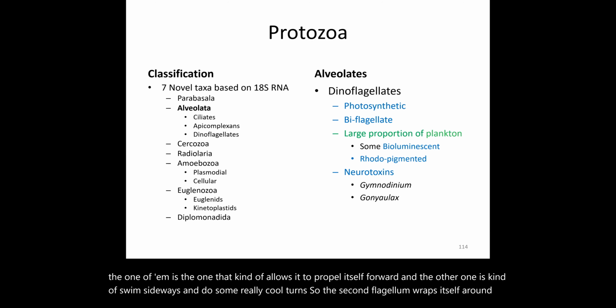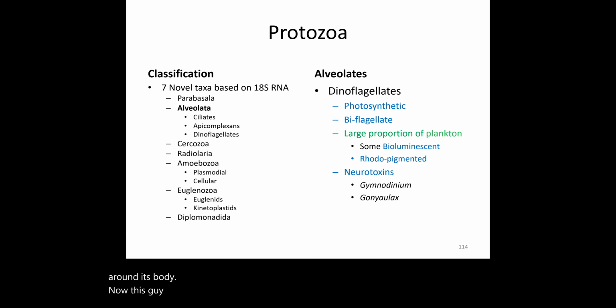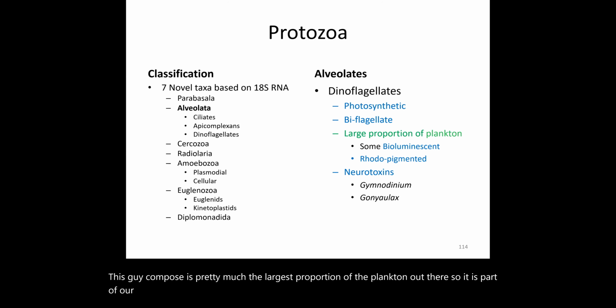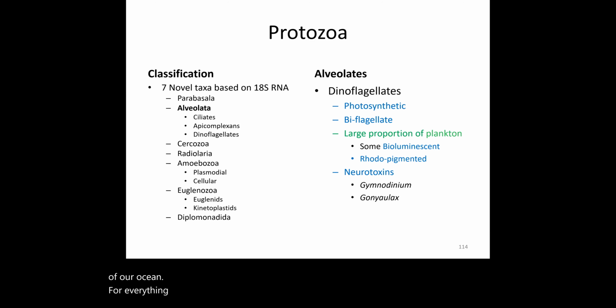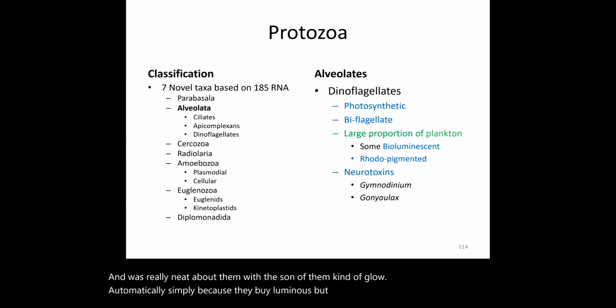Okay. Now, this guy composes pretty much the largest proportion of the plankton out there. So it is part of our ocean and part of our life cycle more than anything else for everything. Again, since it's photosynthetic, it contributes to our air cycle as well. And what's really neat about them is some of them kind of glow automatically simply because they bioluminesce, but a lot of them are also red colored, hence the term rotopigmented.